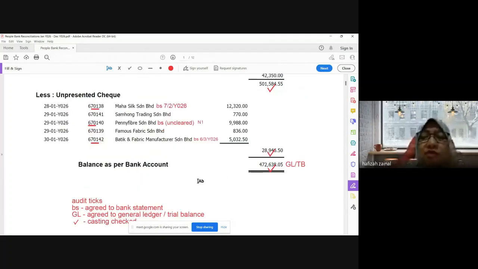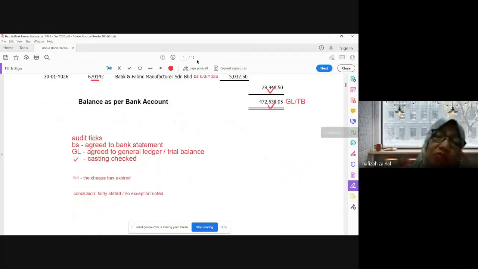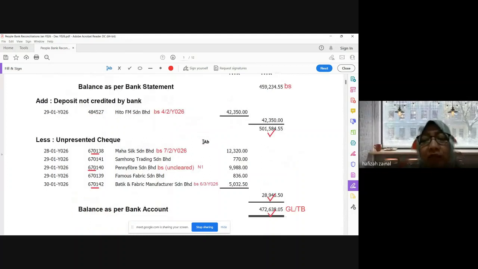So this is an example of one audit working paper. You can just straight away do it on the bank reconciliation rather than copy it back and put it inside your working paper. This statement is actually given by the client to you. Any question on the bank reconciliation?